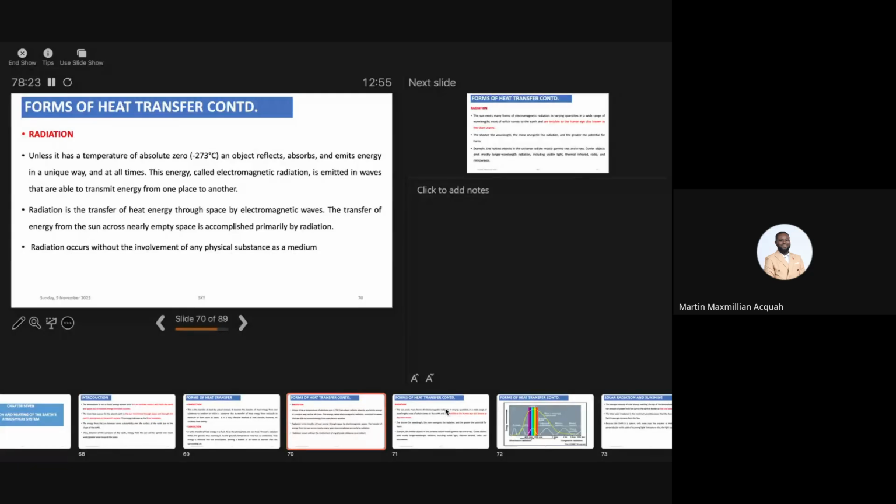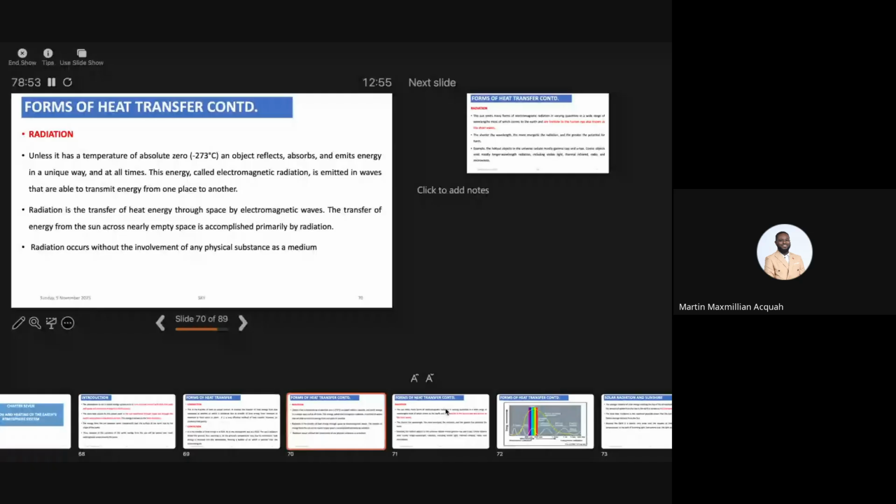That is what we term as radiation. And this transfer is done through what we call electromagnetic waves. That is radiation.